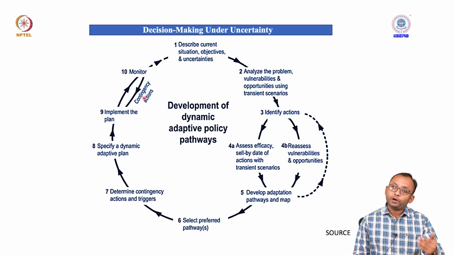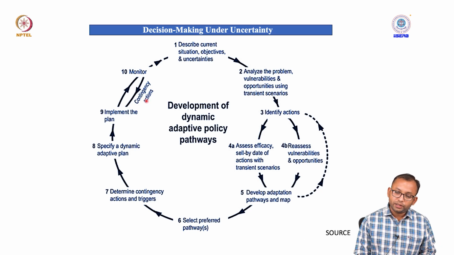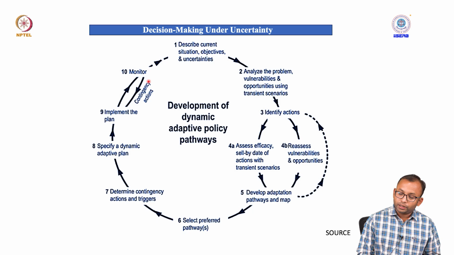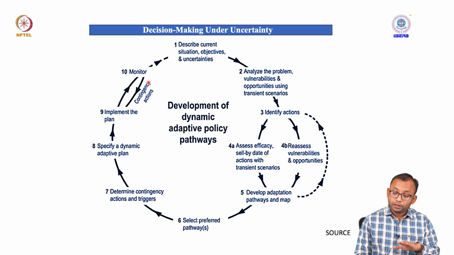Based on that monitoring step, we have to follow up on that action so that we can make sure that whatever we have adopted for a certain location is actually following our plan or our understanding, with lesser impact on the system caused by climatic extremes.